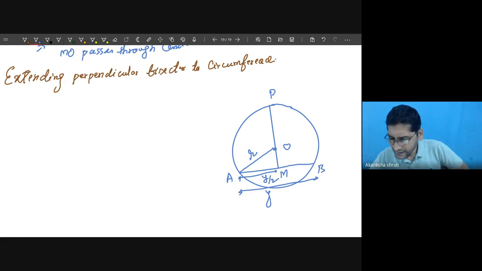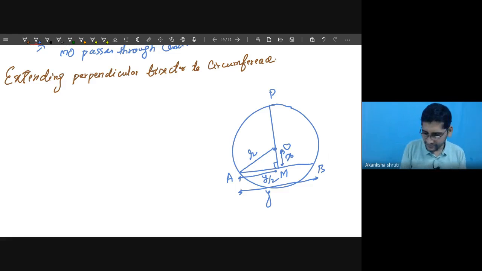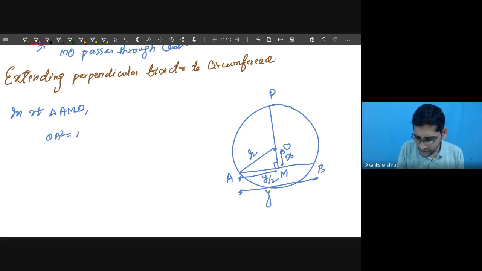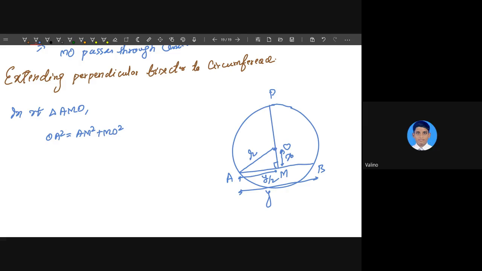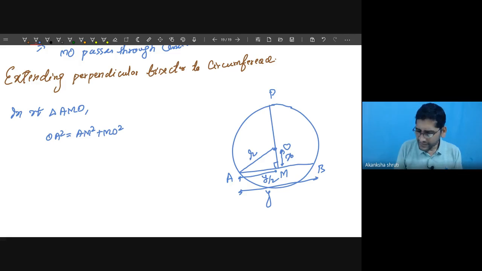Even O to M sometimes may be given, it could be our X. Now, one right angle triangle we can frame here is, in right triangle AMO, what could be the relation, students? OA square is equal to AM square plus OM square. Good. So we can substitute in terms of R, Y by 2 and X.